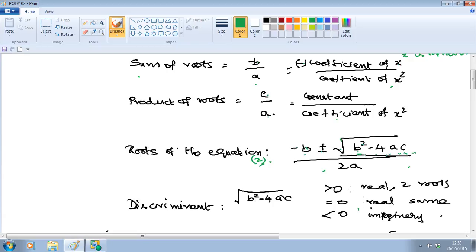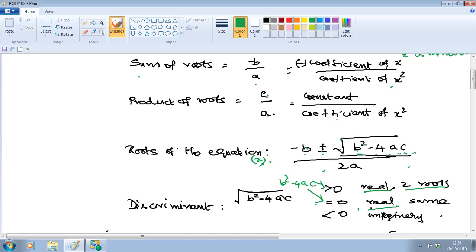So for this b² − 4ac, there are three conditions. When b² − 4ac is greater than 0, the root of a positive number is real, so we have got real roots, and two roots. If b² − 4ac is equal to 0, the roots are real, because the discriminant becomes 0.